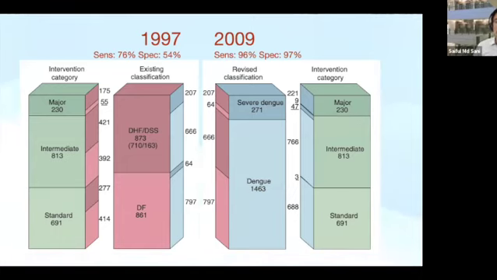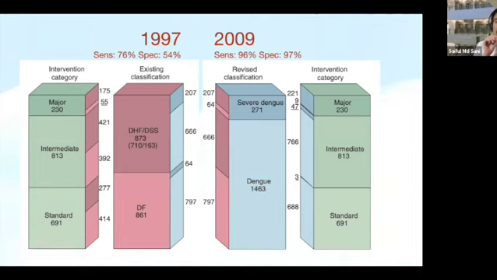And as you can see from the second set of columns, for 2009, severe dengue is very congruent, parallel with the number of patients who receive major intervention, and the rest who are non-severe also is congruent with the intermediate strategy of management or intervention, and also the standard management.